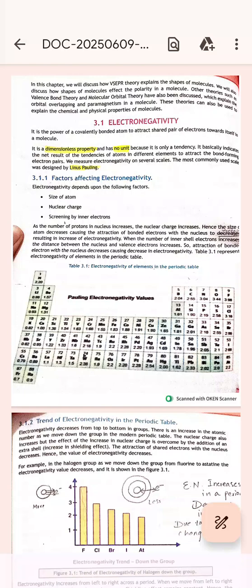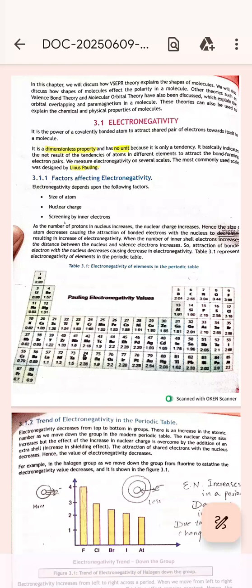So when protons are added, the nuclear charge is increasing. As the size of the atom increases, there is a decrease in the attraction of the bonded electrons with the nucleus.